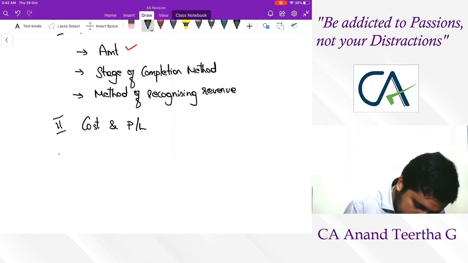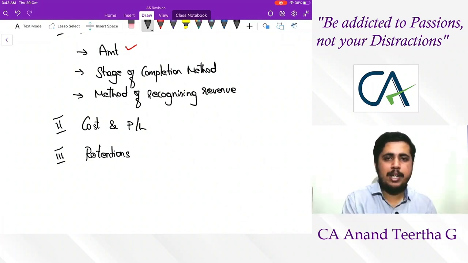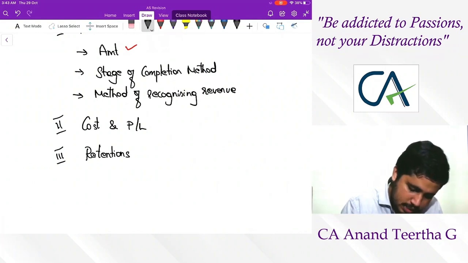The third, you have to tell about retentions. Now, what do you mean by the term retentions? Retentions basically means billed but not collected.